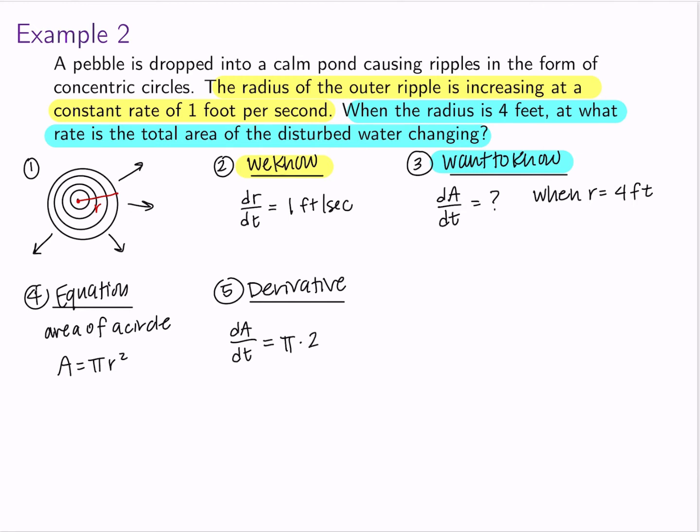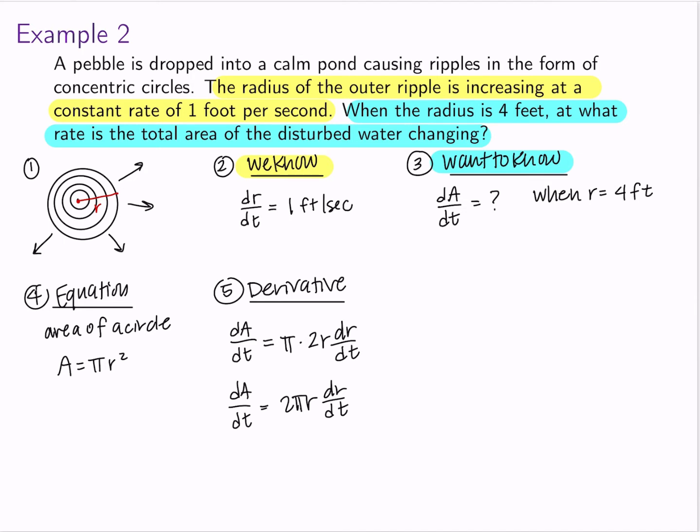Well, that would be 2r dr dt. Remember, this is implicit, sort of like that chain rule thing happening. r is a function of t, so you're doing a chain rule, and you have to tag on the derivative of r. All right, I'm going to take one more step. dA dt equals 2 pi r dr dt. No reason except it just feels better to write 2 pi than pi 2.